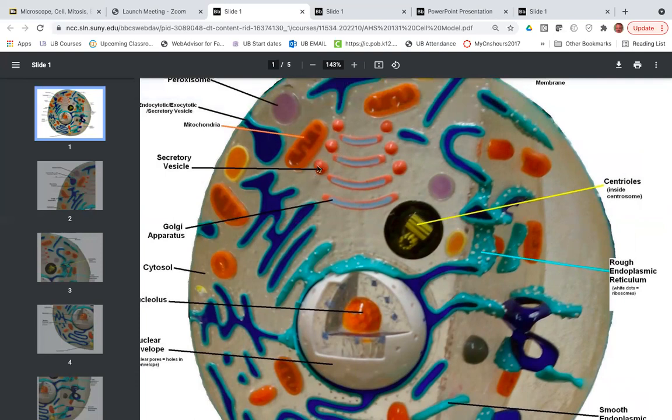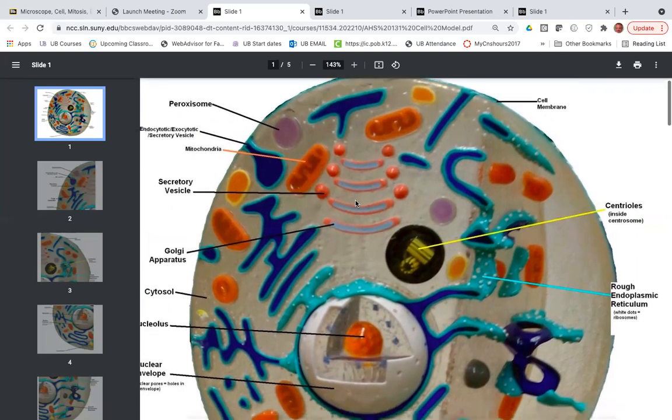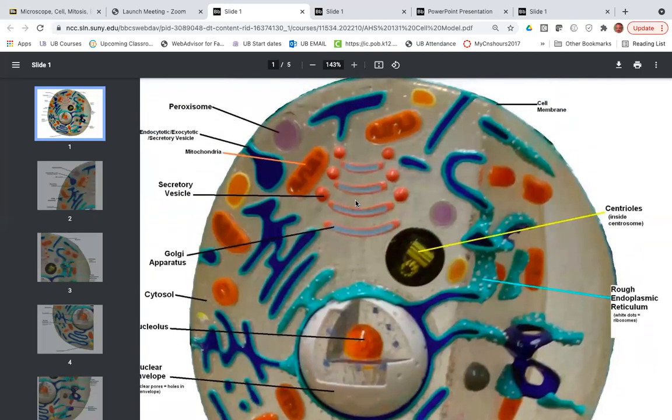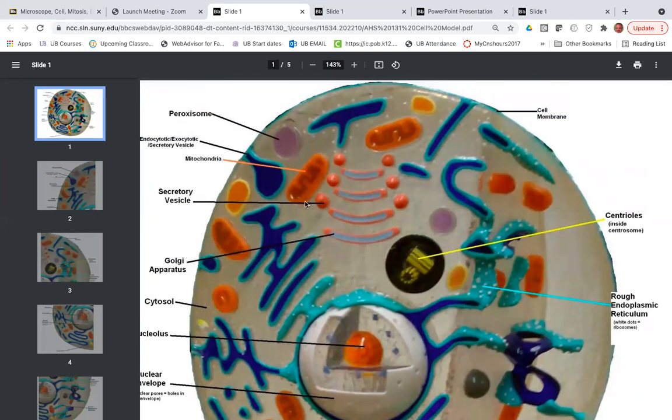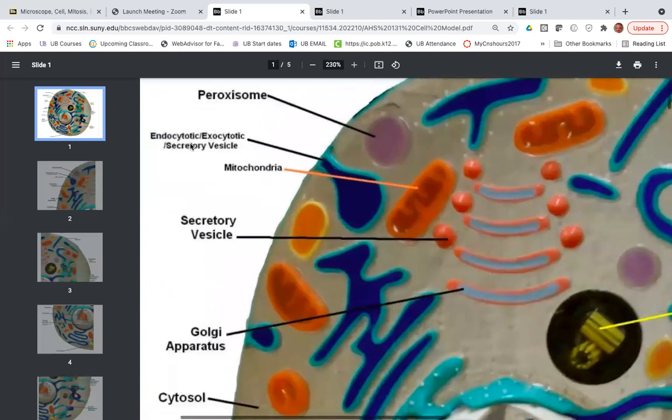This is a secretory vessel, and all of these were released or secreted out by the Golgi apparatus. One of the things it can do is push out a secretory vessel, could be this right here.